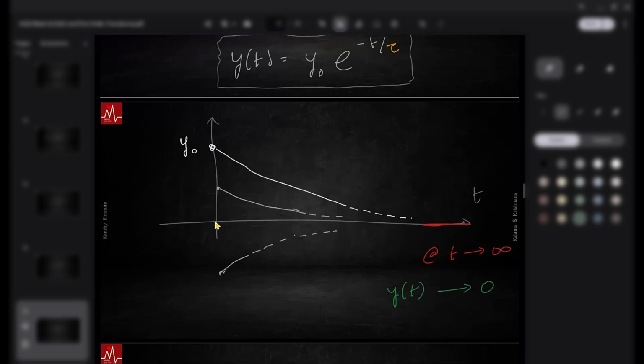So that is your steady state. In this case, this is what we refer to as the steady state value. You could also call this the equilibrium or steady state value.